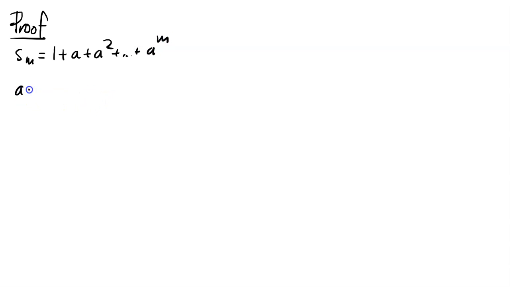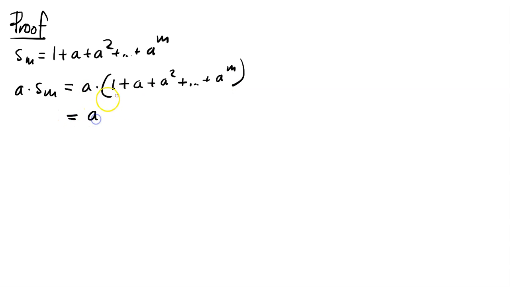If we multiply both sides by a, what do we get then? If we multiply in here a, then we get a, then a squared, a cubed, and so on. You get this.